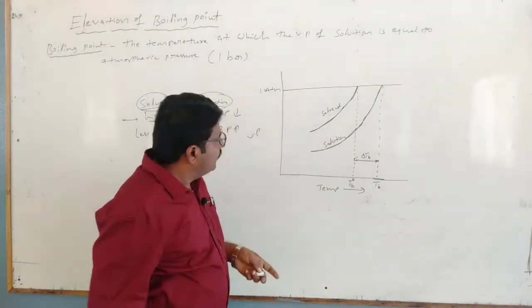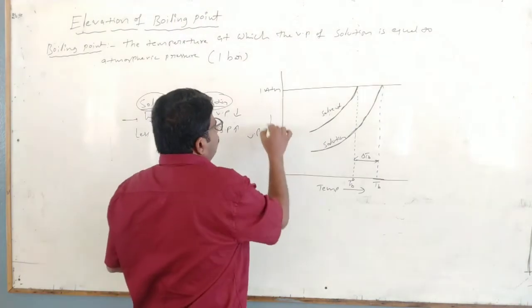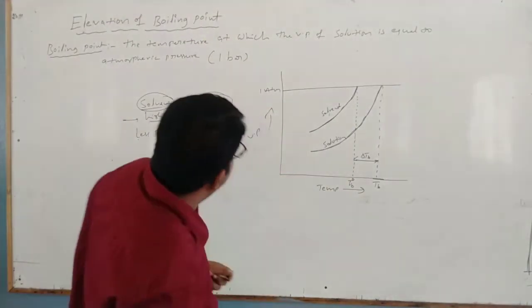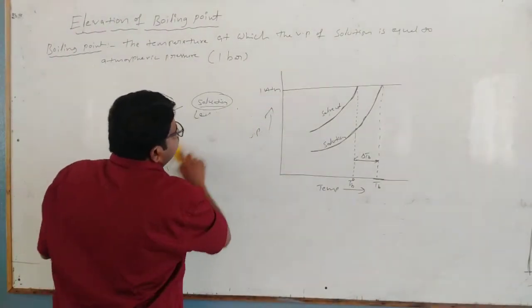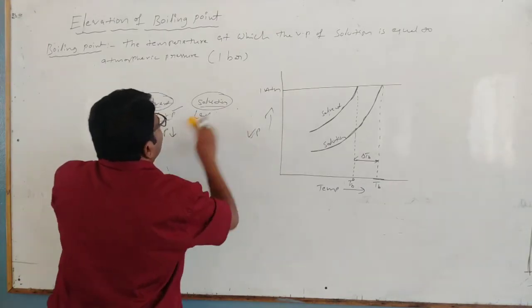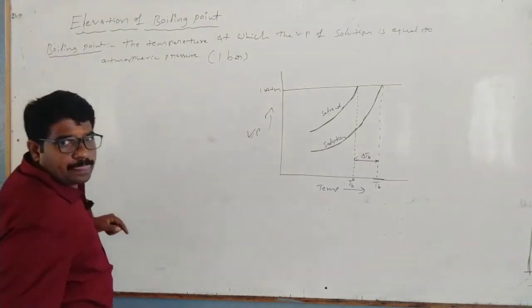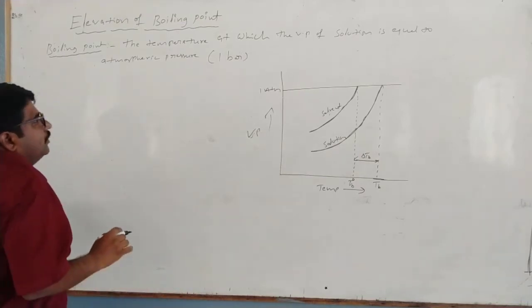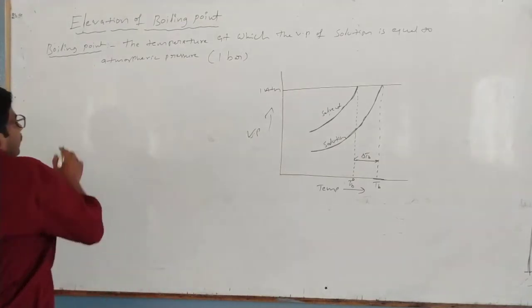From this graph, how do we define elevation of boiling point?